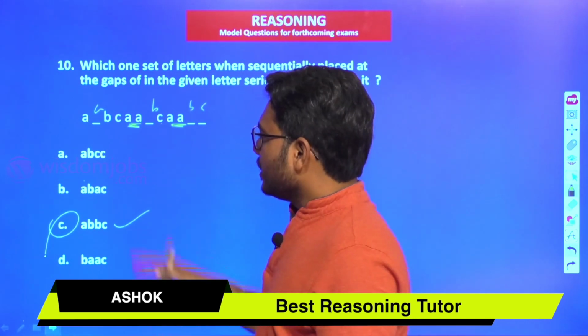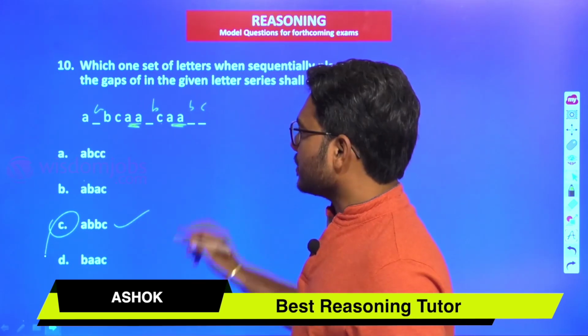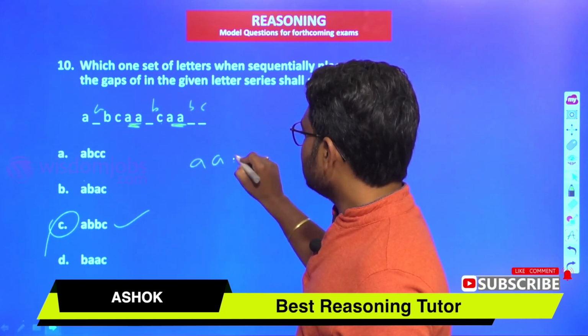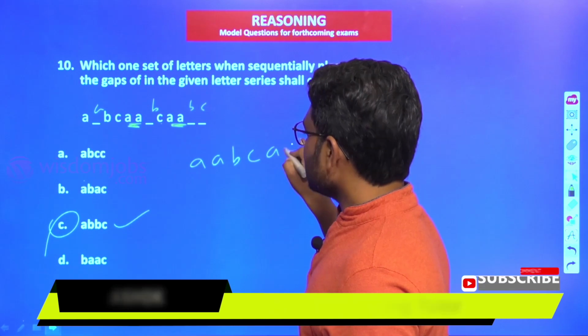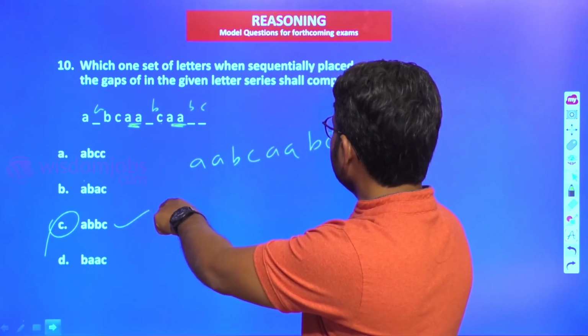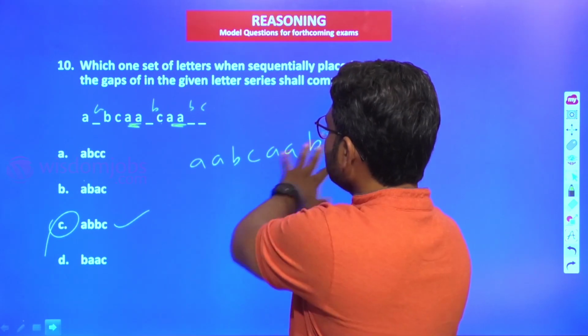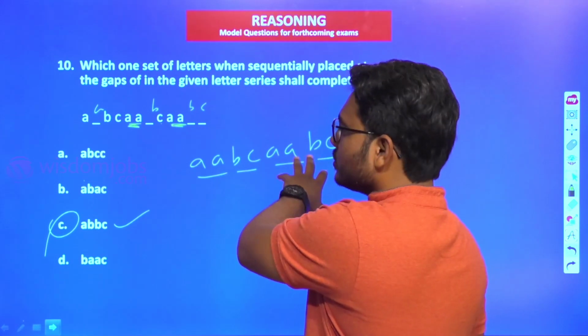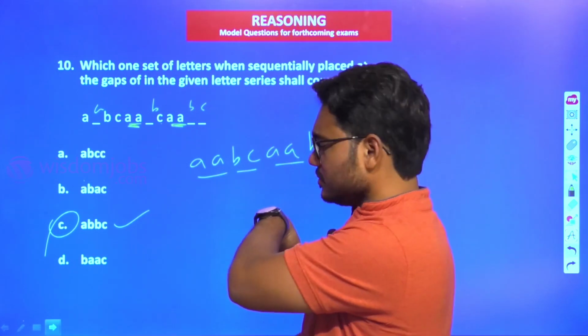But let us see. If you put A, B, C, C here, what do you get? A, B, C, A. Next letter is B, C, A. Till this part it is good. A, B, C. And what could be the next one?